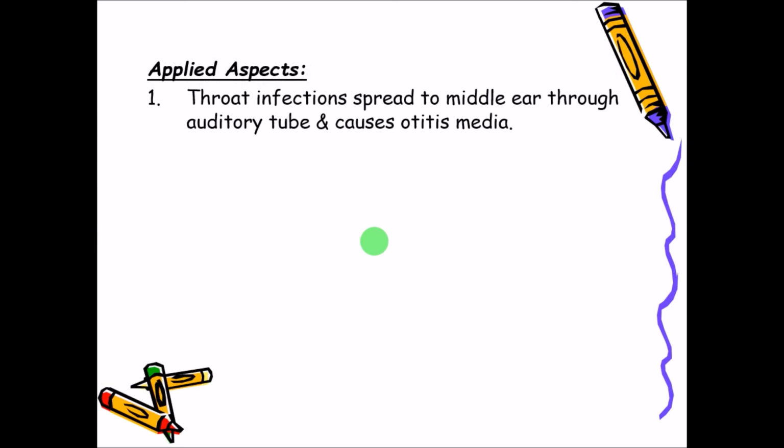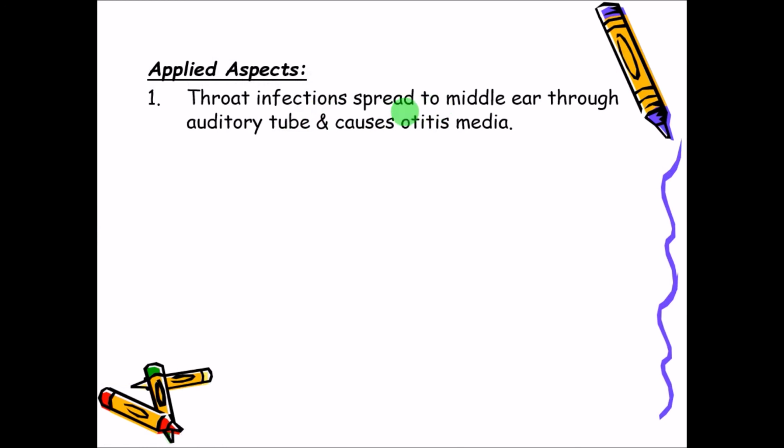Coming to the applied aspects, as I said, the middle ear is not a closed cavity, but it is communicating anteriorly with the nasopharynx. So if there are any infections in the nasopharynx or throat infections, they easily spread to the middle ear through the auditory tube or the eustachian tube, and that leads to otitis media.